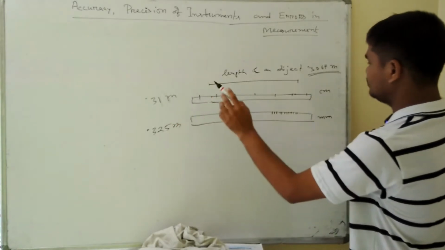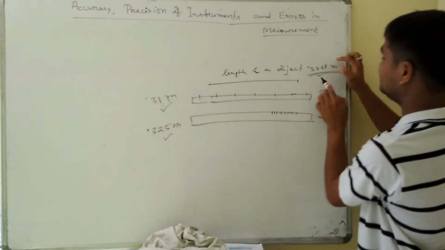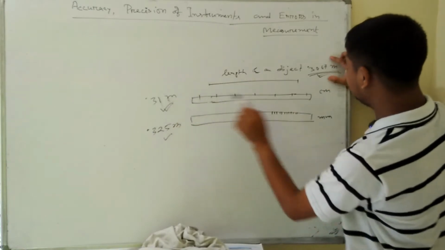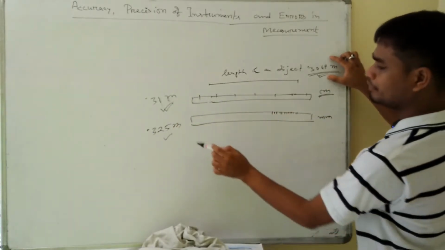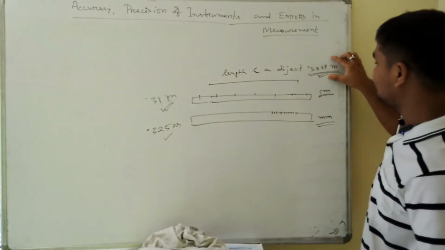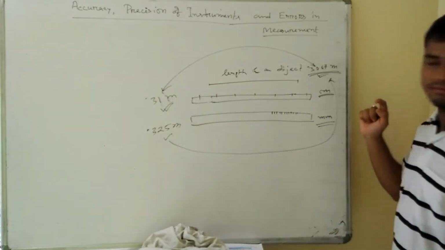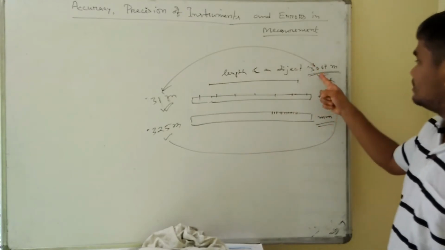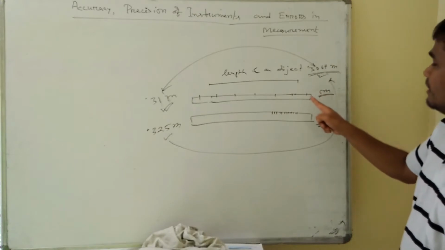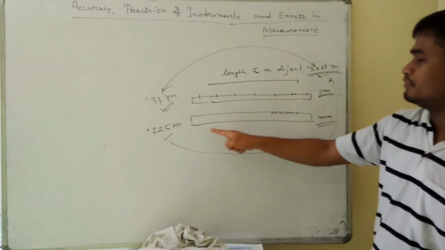We observe that the difference between this value and the real value is higher than the difference for the millimeter value. That is, the value measured by the millimeter scale is more accurate, because it is closer to the real value.